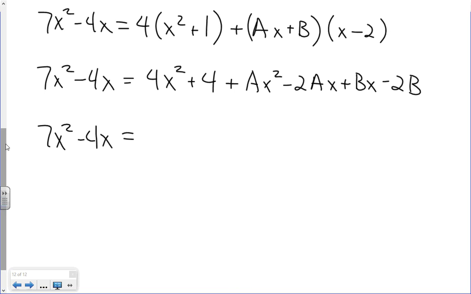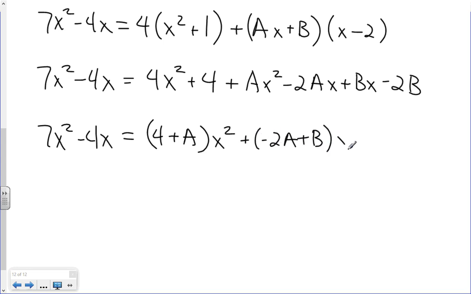So I've got a 4 plus a, times x squared. That's going to make it real easy to find out what a is equal to, because there's only an a in that part. For the x's, I've got a minus 2ax and a bx, right? So plus a negative 2a plus b times x. That involves both a and b, so I'd have a system to solve there if I'm going to go for that.